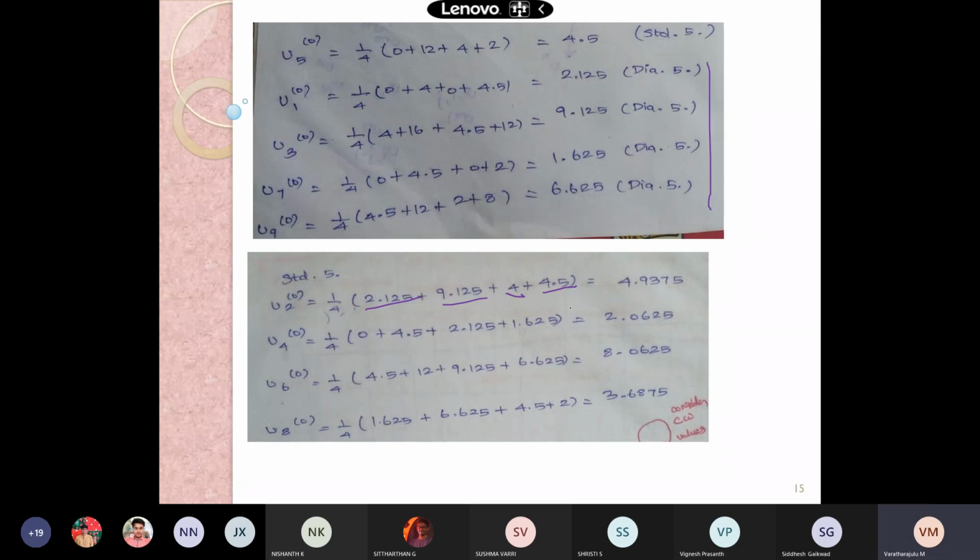Now you calculate one by one, that is U2, U4, U6 and U8. Pranav, is our U6 right? Yes, sir. We'll go back and cross check. 4.5 is U6. We will check U6.